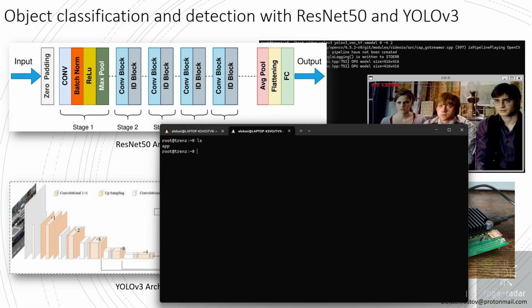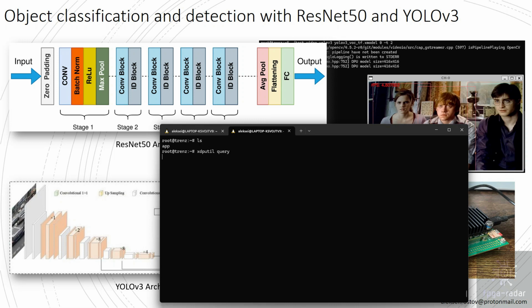But before I run this application, let's check if we have our DPU running on the target, if our Linux recognized the DPU. For doing this, I will use a tool from Xilinx, dpu util, and query.